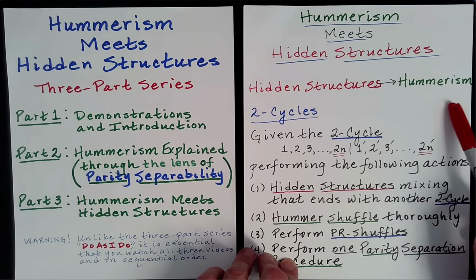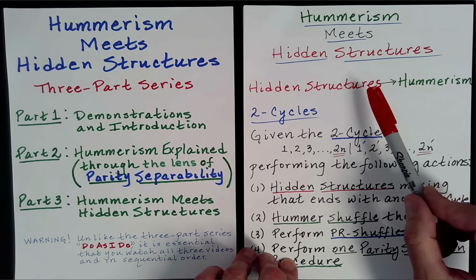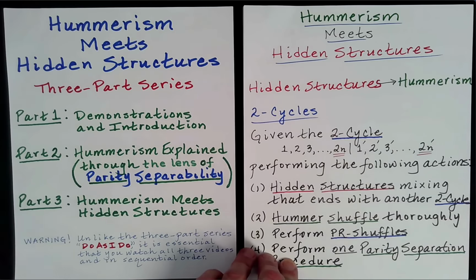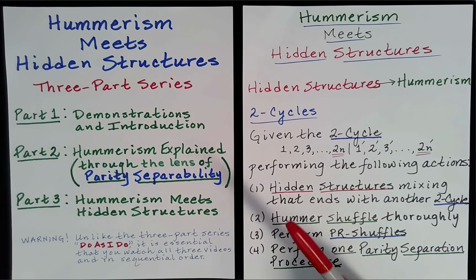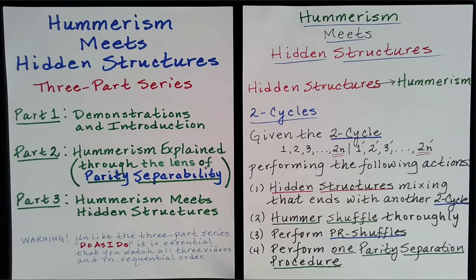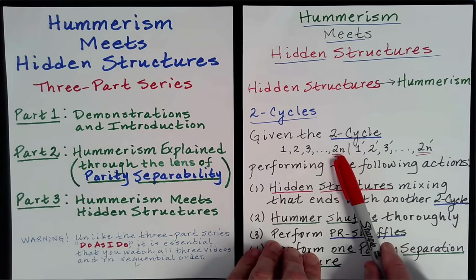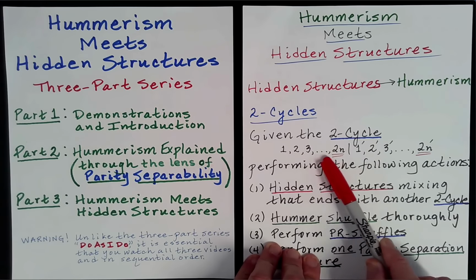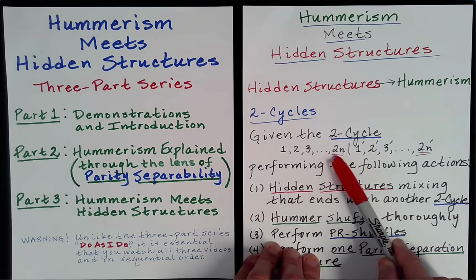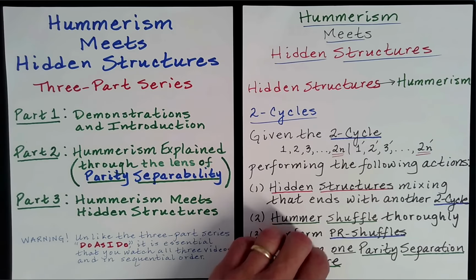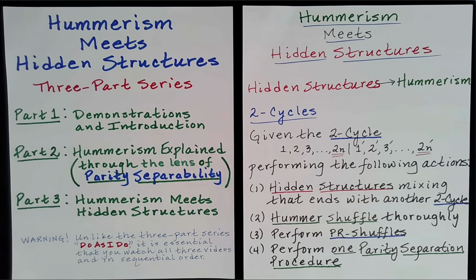We're going to take a Hummer shuffled packet and bring it into the world of hidden structures. What I've listed is a kind of classic 2-cycle. What I am assuming here is that each cycle needs to be an even number of elements. That's important for this first statement.